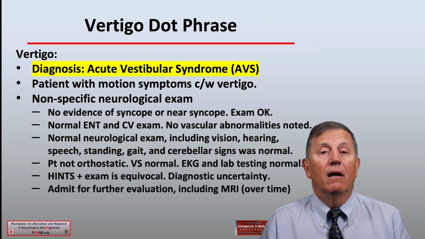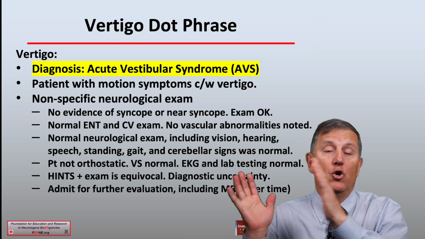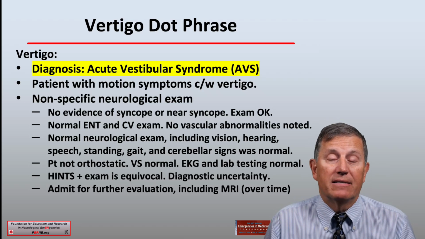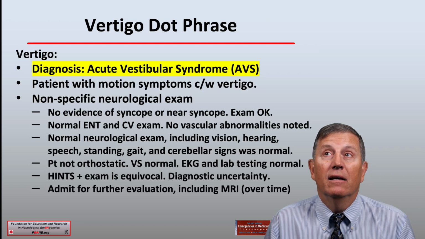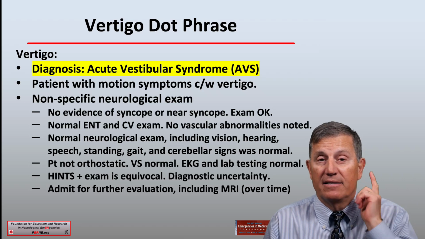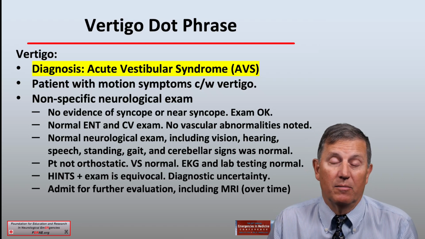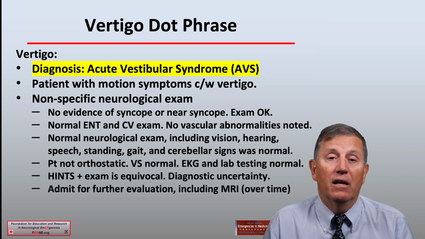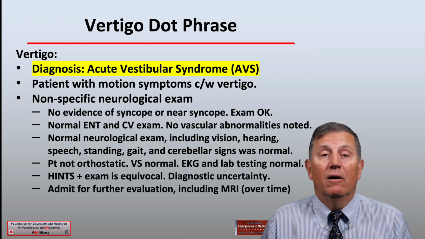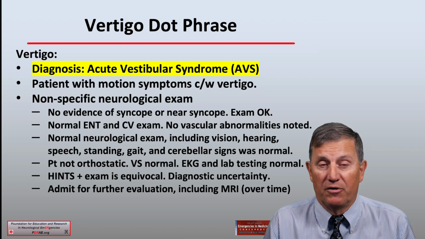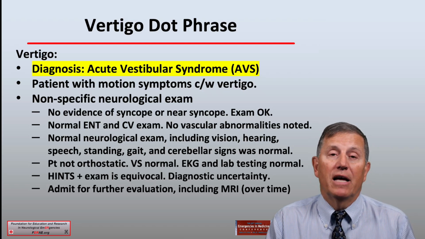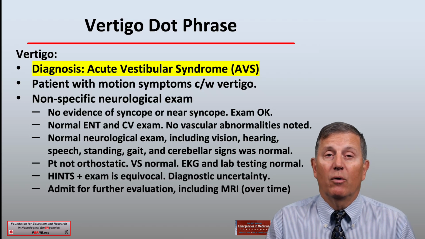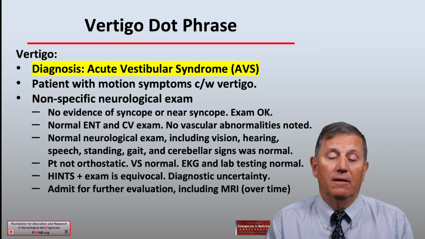Those two would be either a unilateral horizontal nystagmus and a correcting saccade on head impulse tests suggesting one or the other vestibular system is ill and malfunctioning. If those are not found and you have acute vestibular syndrome, you then need to admit the patient for further diagnostic testing because there remains diagnostic uncertainty.